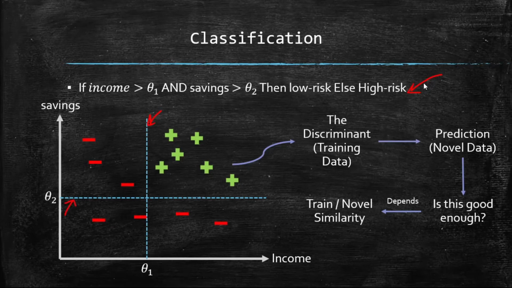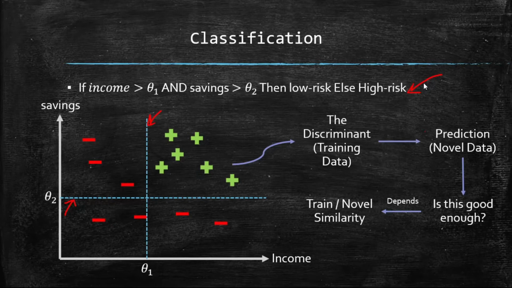So we use the training data to extract these lines or these rules, which are also called the discriminants. And then when the model has been trained, you will basically test it with novel data, data that it has not seen before, where the actual job of prediction would take place.